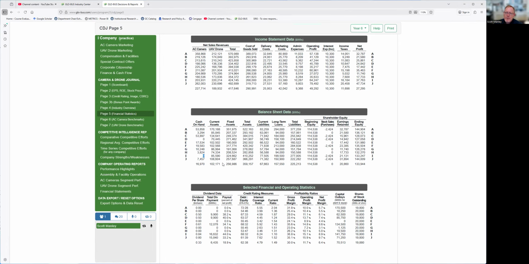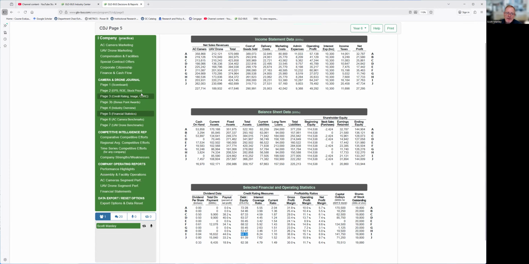And the zero is because I had to take an overdraft loan at 7.5% interest just to cover my cash shortfall. So that affected, down here at the bottom, my current ratio. It affected my interest coverage ratio. It affected my debt to equity ratio. All of those things are worse than we had expected them to be.